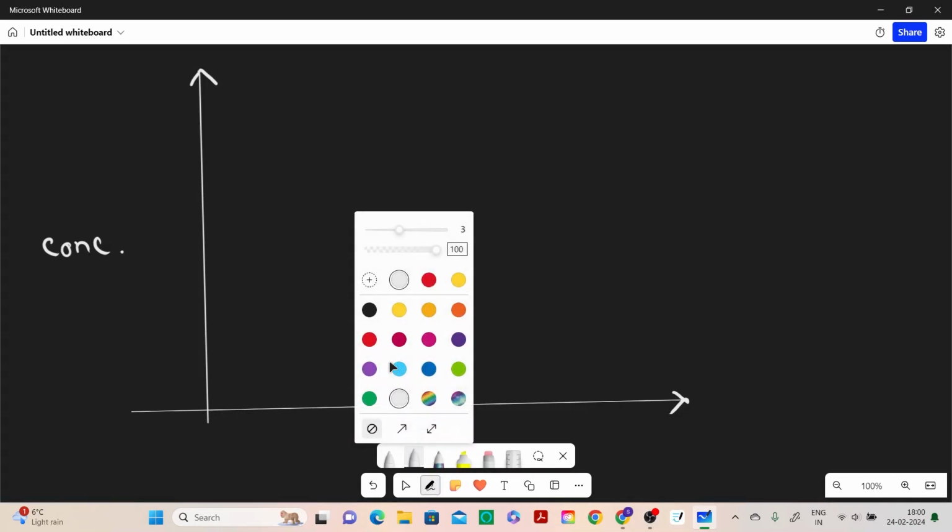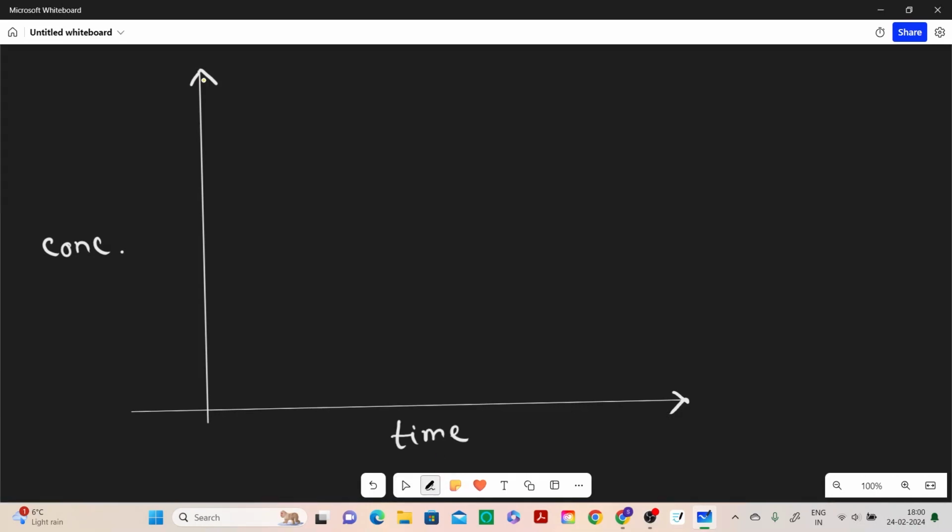So let's draw a nice graph like this, and I will draw the arrows. The x-axis is time and the y-axis is concentration. I will change my pen color a bit for easy understanding.